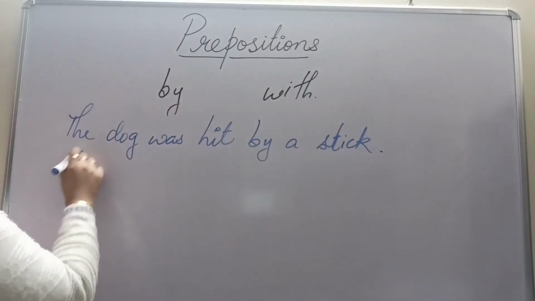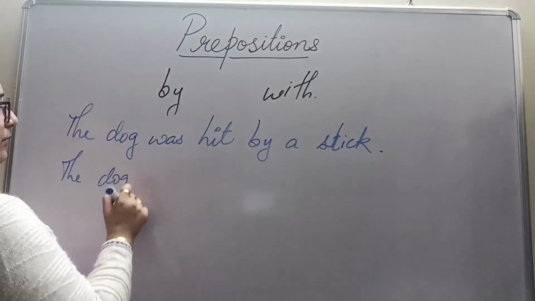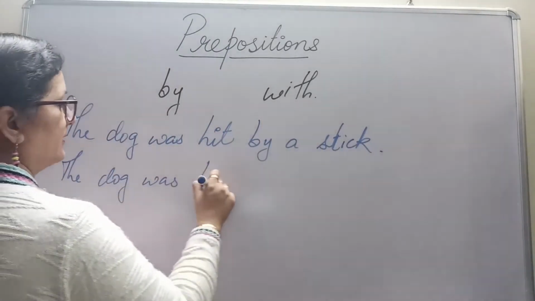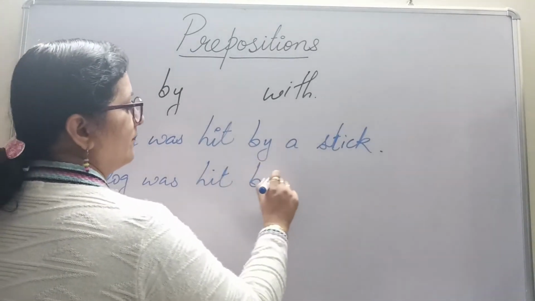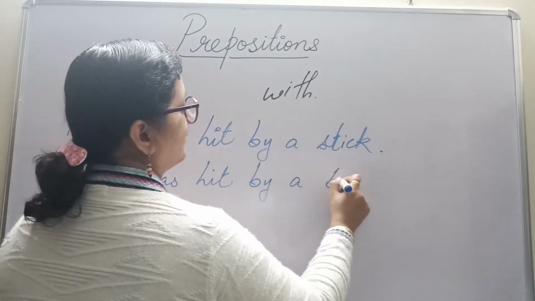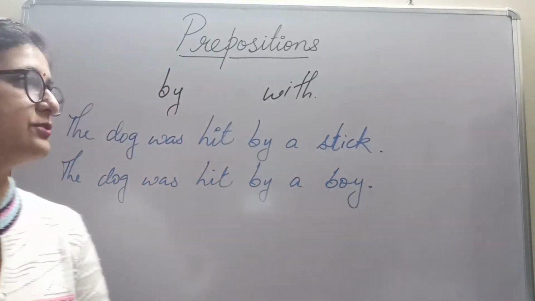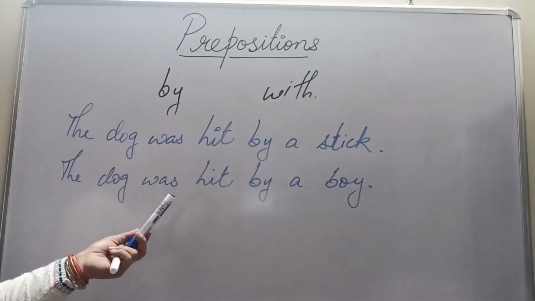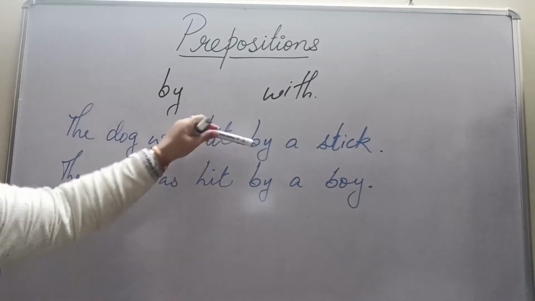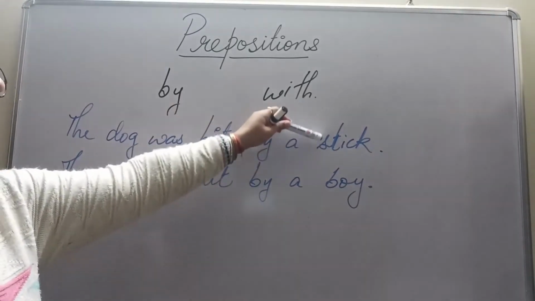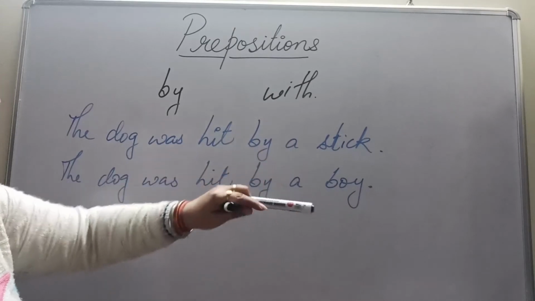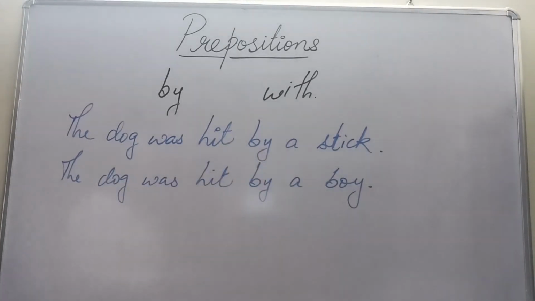Another sentence: the dog was hit by a boy. Now two sentences. Oh, I've used the same thing. The dog was hit by a boy. I've used the same thing here, but one is a stick and the other is a boy.